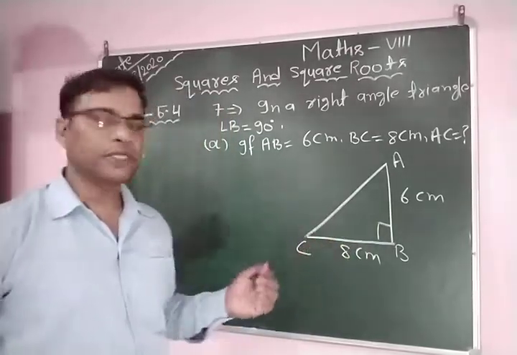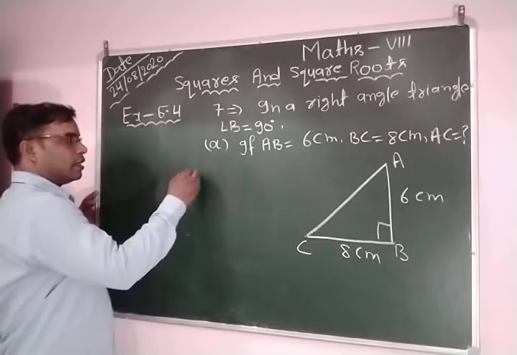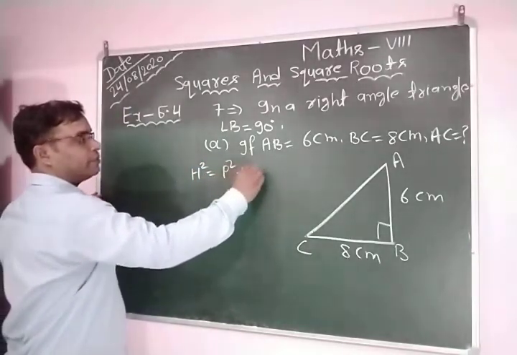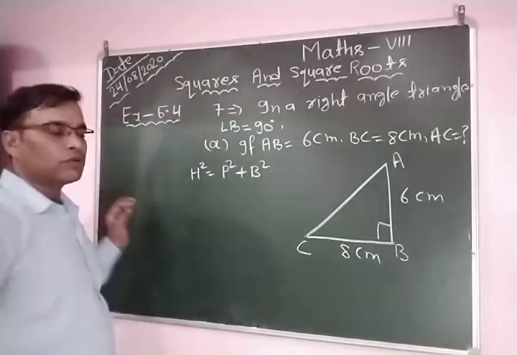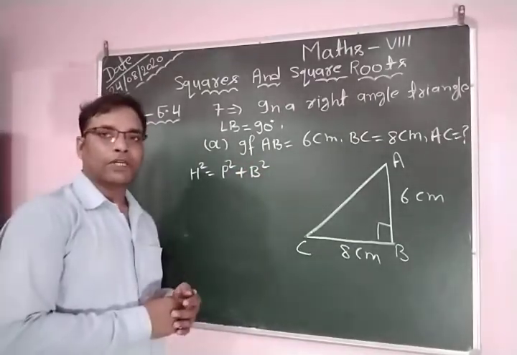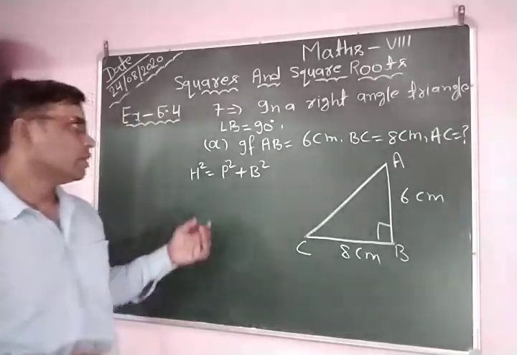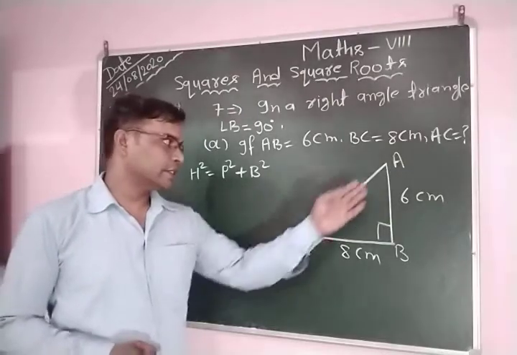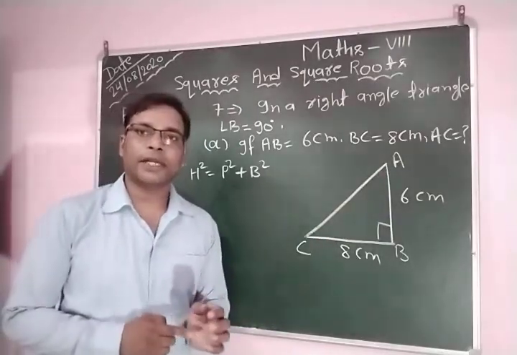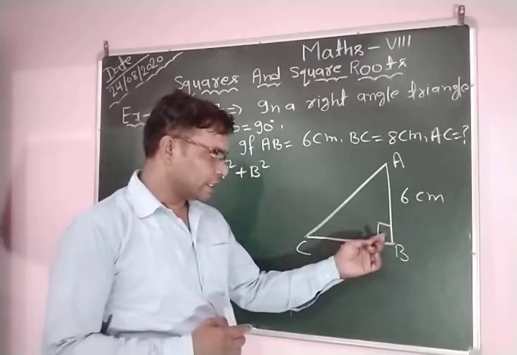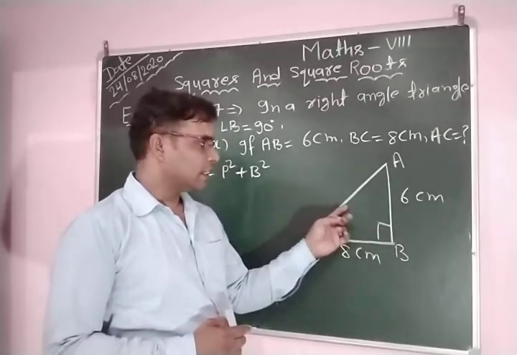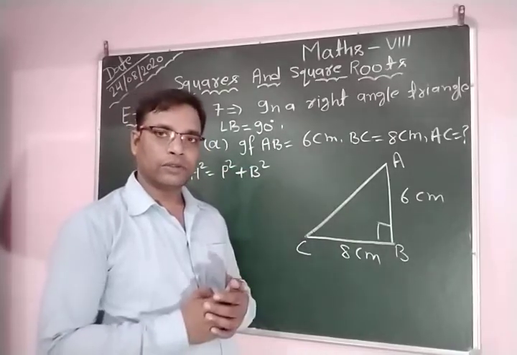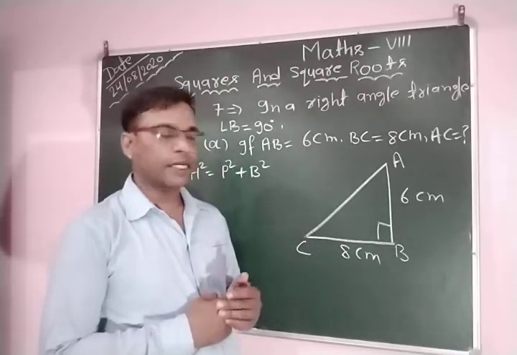According to the Pythagoras property, you know very well, square of hypotenuse is equal to square of perpendicular plus square of base. This is called the Pythagoras property. The side opposite to the right angle is called the hypotenuse, and the other two sides are called the perpendicular and the base.